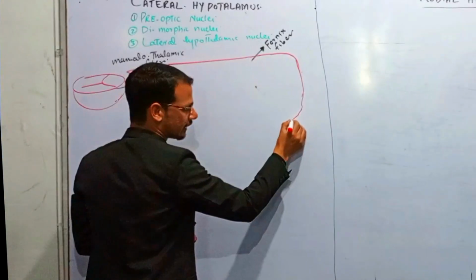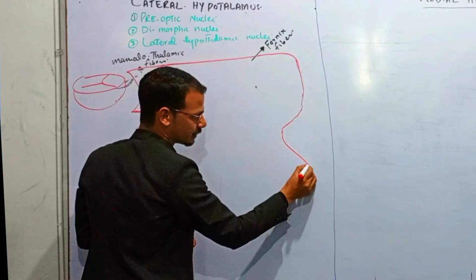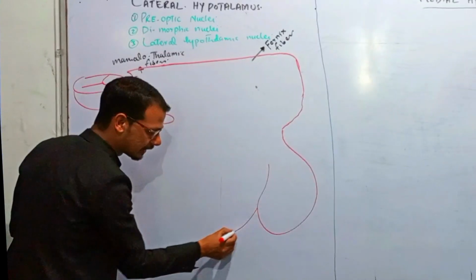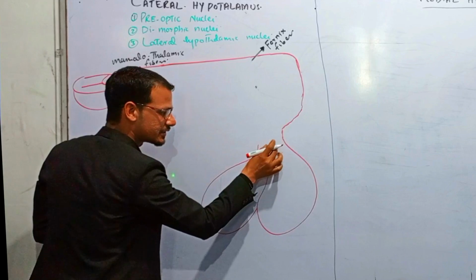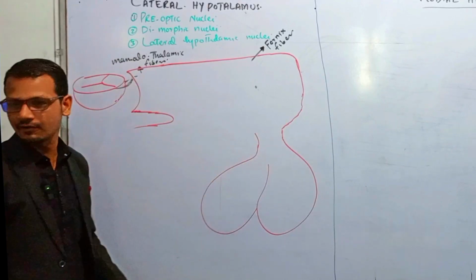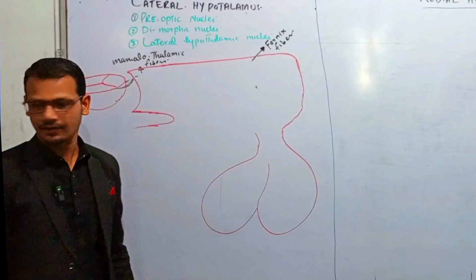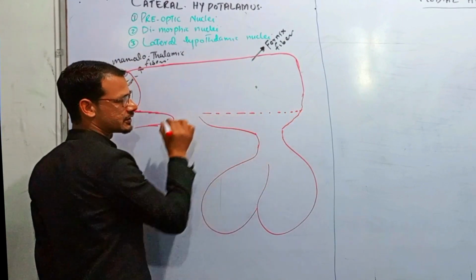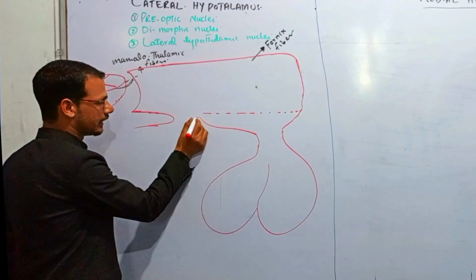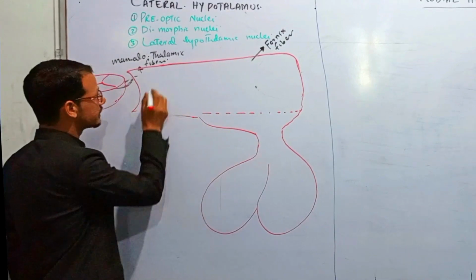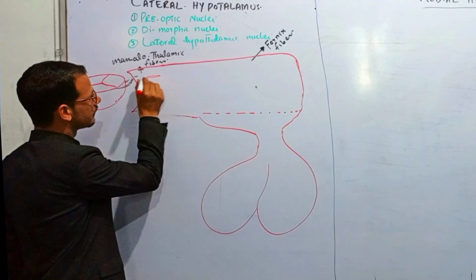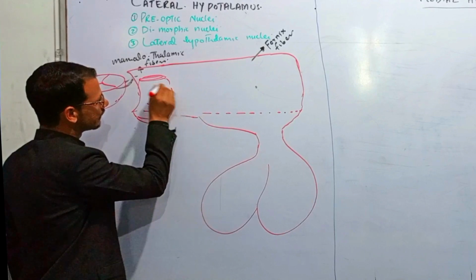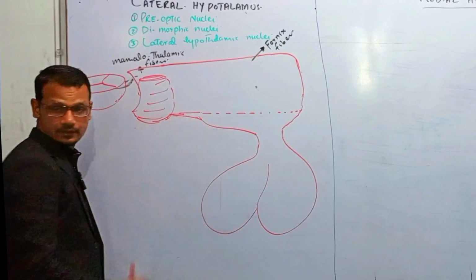And this is the cut where we are seeing the pituitary anterior lobe. This is the anterior lobe, and this is the posterior lobe. This is the stalk of the pituitary gland, and this is the tuber. This is the tuber cinereum, and here we are seeing this. For example, this is the mammillary swelling, right?